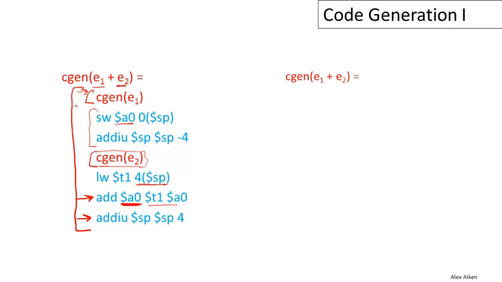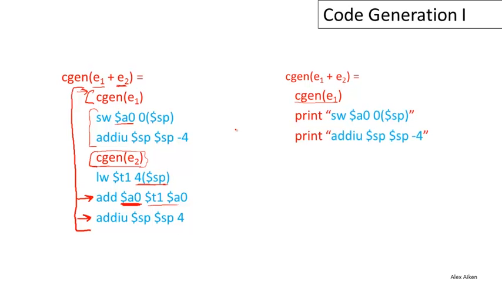Now, to be completely precise, I really should write this code generation function out a slightly different way. And that would be like this. So what we're really doing here is we're generating code for E1, and then we're printing out into a file or something like that the code to do the push. Okay, and then we generate the code for E2.